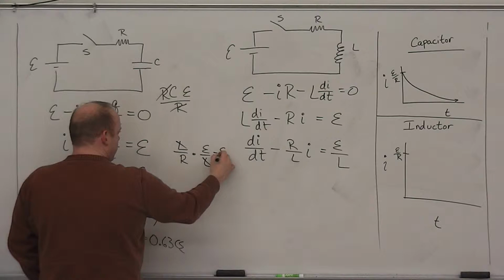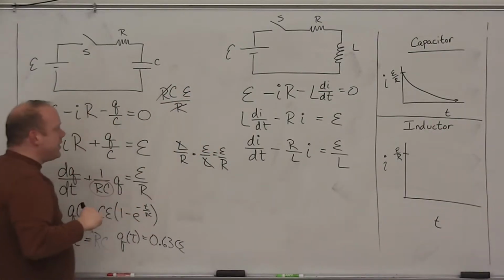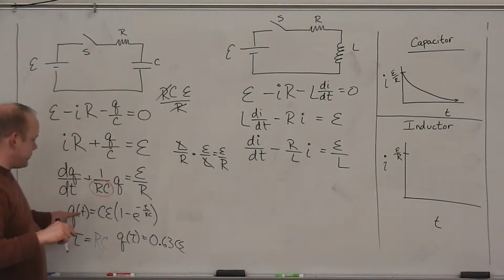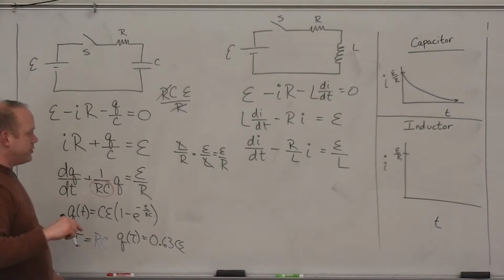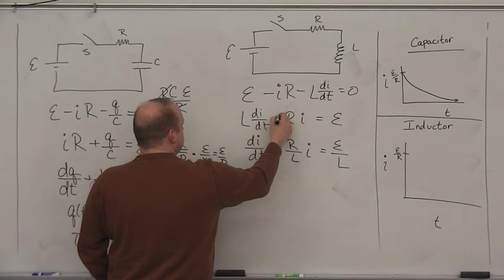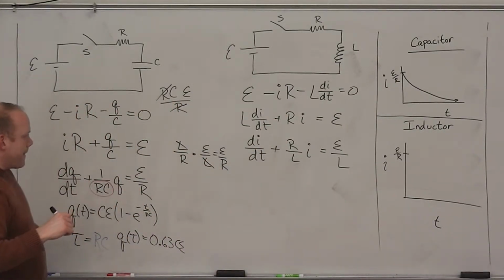This leaves me with E over R. Now, I wanted CE before, because that was the charge, the maximum charge. Take a look at this. This is plus.